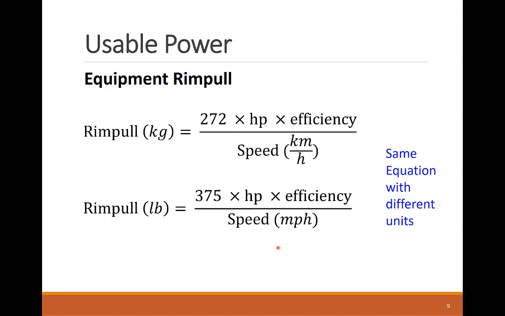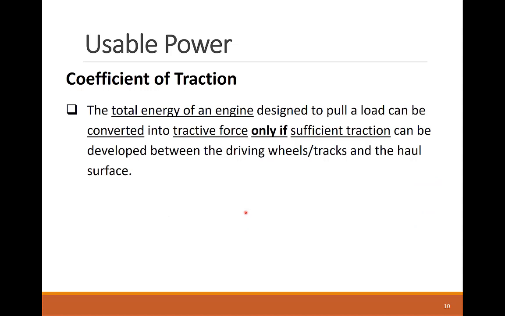To calculate rim-pull in pounds, here is a revised formula with the speed now in miles per hour. Same relationship, but different formula constant in units. Besides rim-pull, the usable power is dependent on the traction capacity between the equipment wheels and the driving surface.